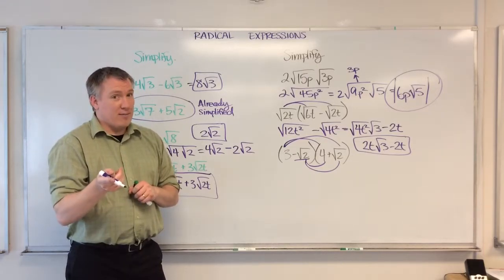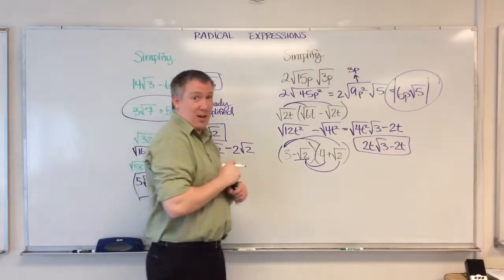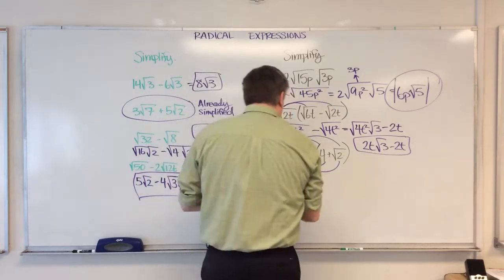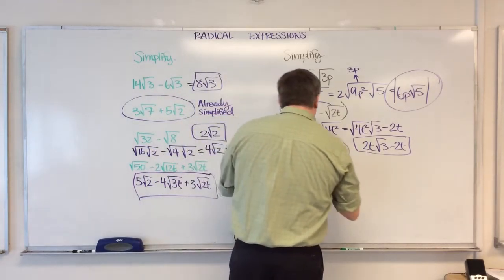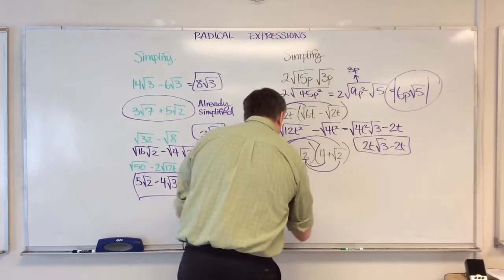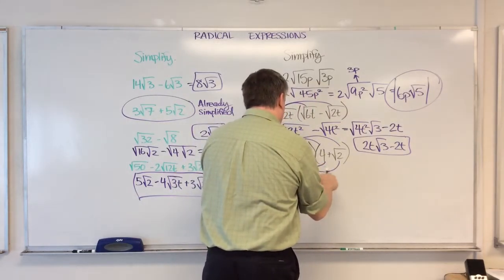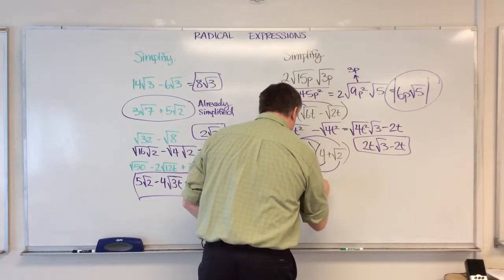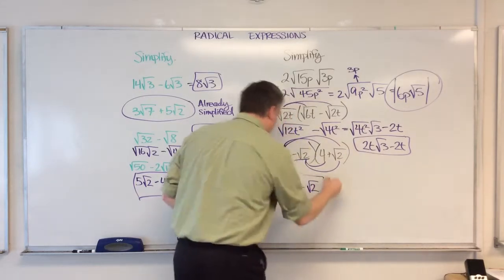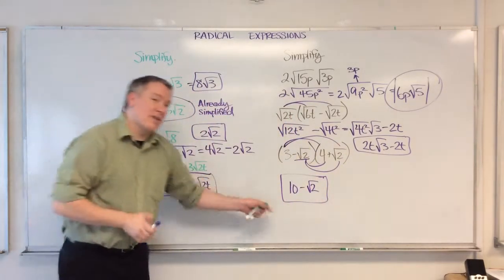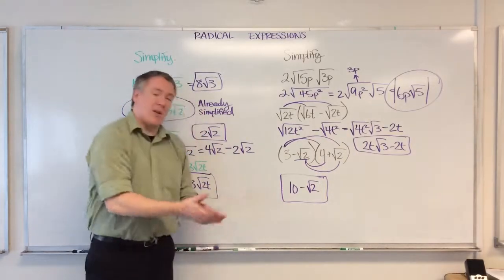Have you paused it yet? You should pause it, because I'm about to write this up. If you didn't get that answer, ask me in class, and I'll show you how that worked.